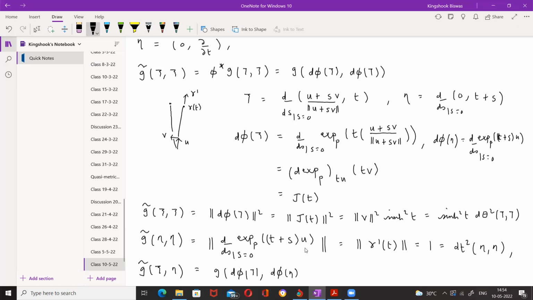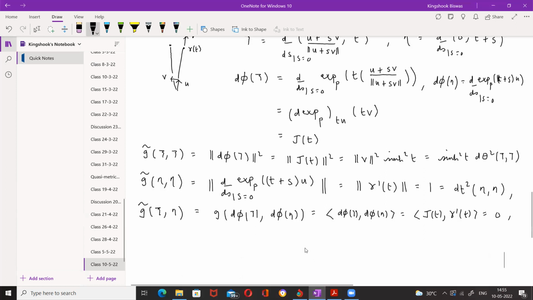So this is going to be the inner product of dφ(ξ) and dφ(η). So this is the inner product of J(t) with γ'(t), right? And this is 0, because J is a perpendicular Jacobi field.